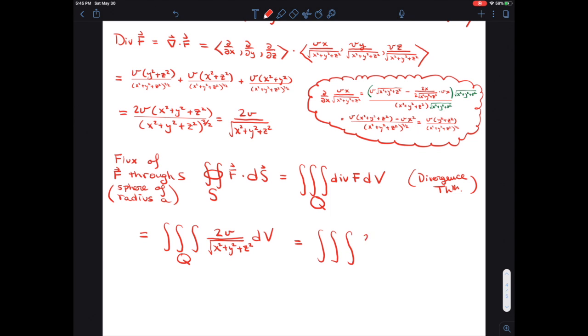Okay, so 2v, but in spherical coordinates the denominator is just rho. And dV should be rho squared sine phi d rho d phi d theta.